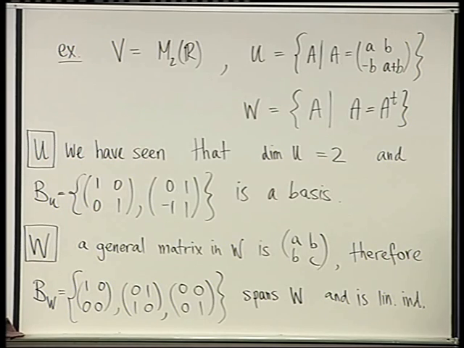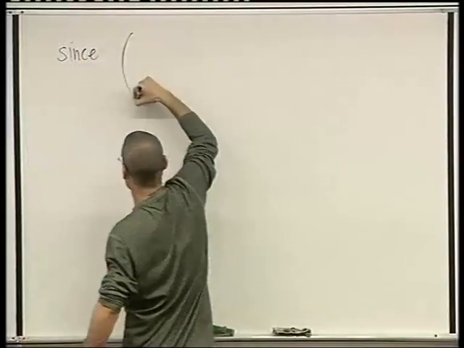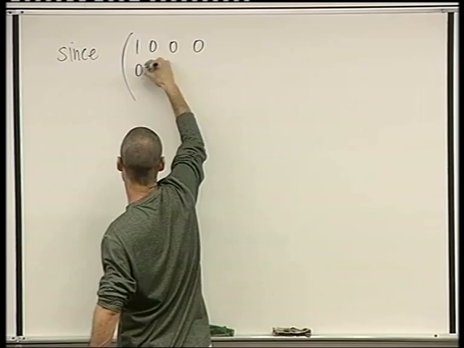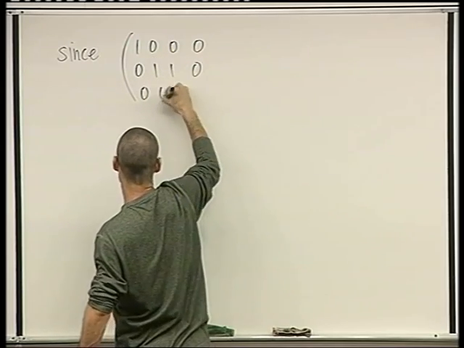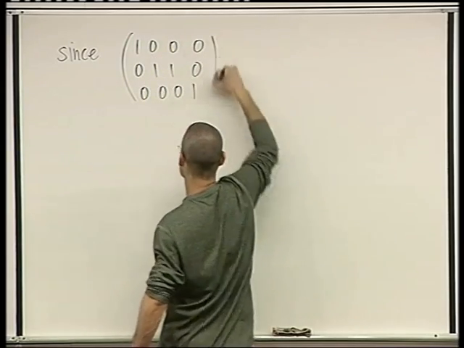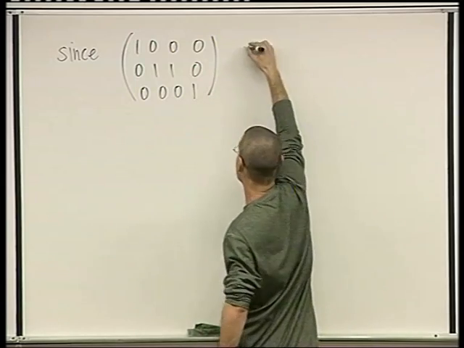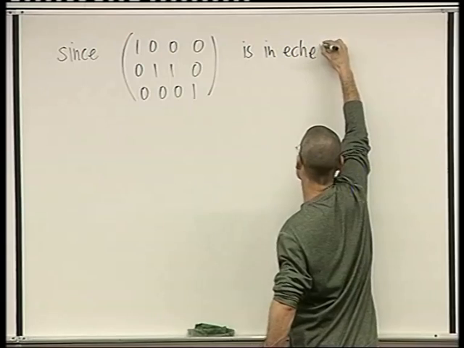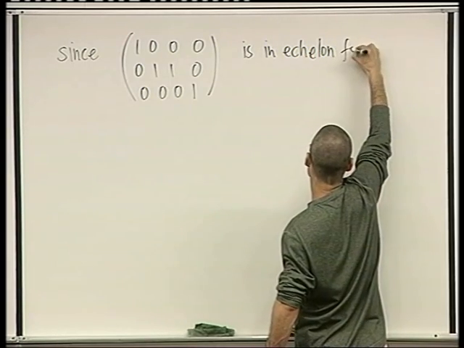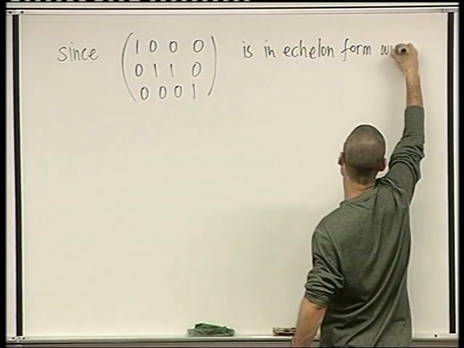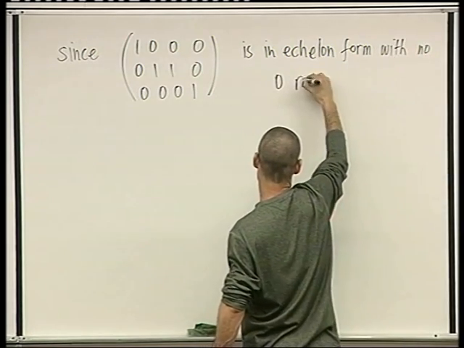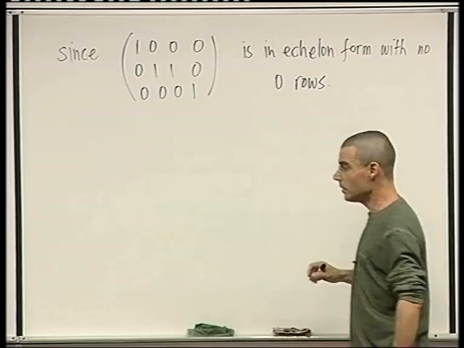So it's linearly independent since when we straighten it out as rows of a bigger matrix, 1, 0, 0, 0, 0, 1, 1, 0, and 0, 0, 0, 1, this is in echelon form with no zero rows. Good?